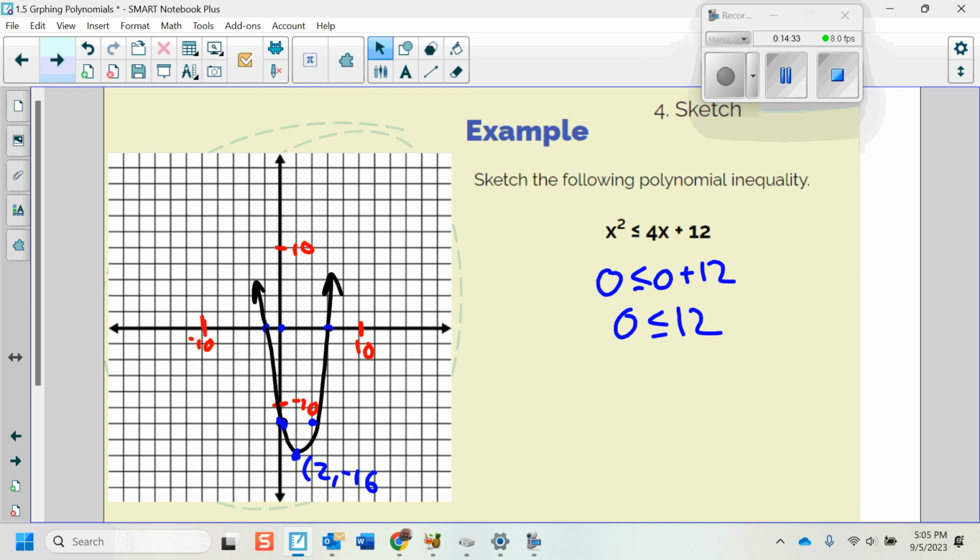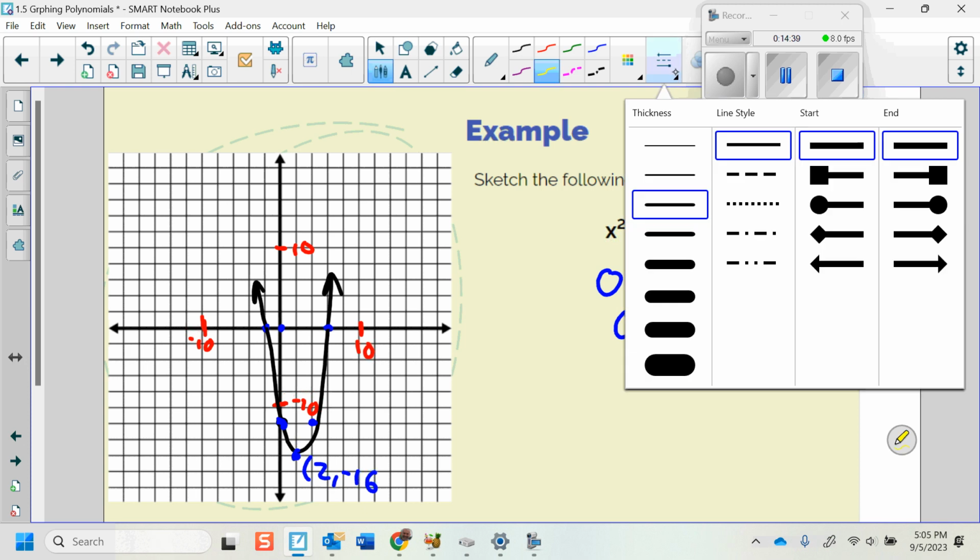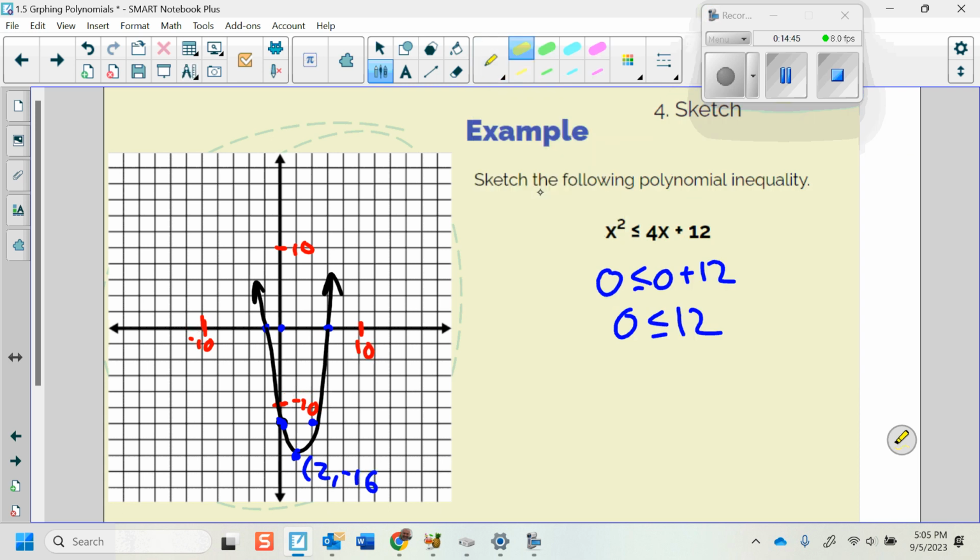So if that's my test point, I'm going to go ahead and shade in. Let me see. Actually, let me put highlighter. And then this is going to be here. And that's going to be the shaded in region, including the line.